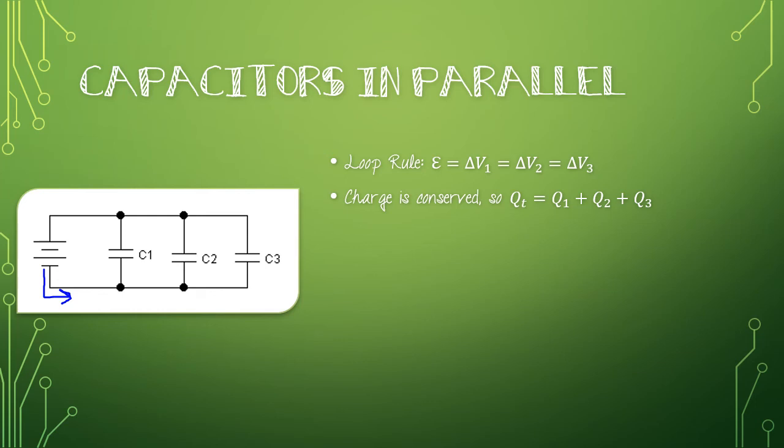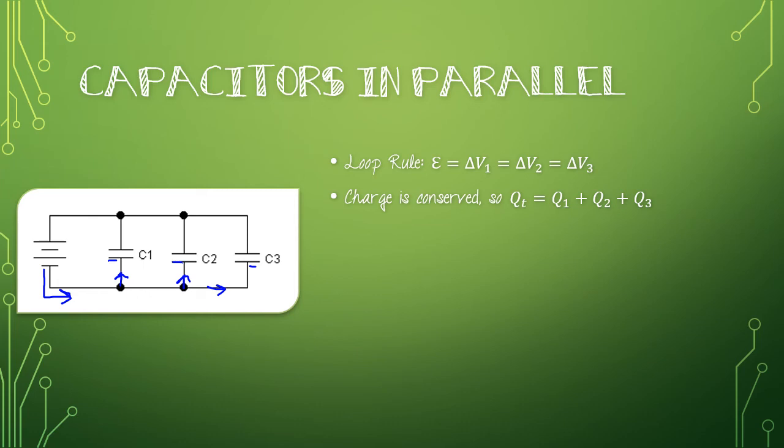If I focus on a single electron, it has an option of going up this path here and depositing itself on C1, or going up this path here and depositing itself on C2, or continuing on this path and depositing itself on C3.